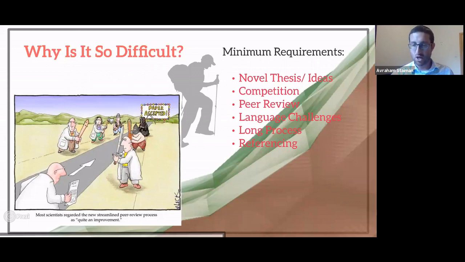If we go back to the idea of competition for a second, if we want to stand out from the crowd, submitting a paper that has English that is not grammatically correct and is problematic can actually work against us and can make the competition look even better than we are.